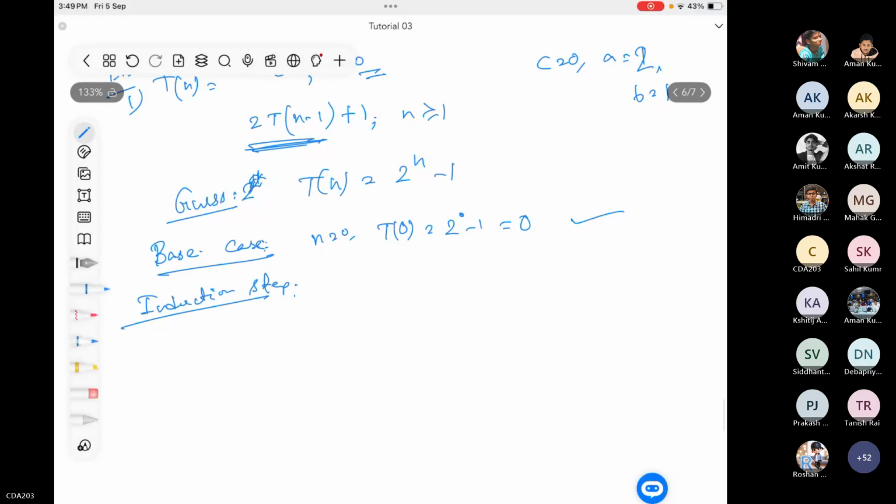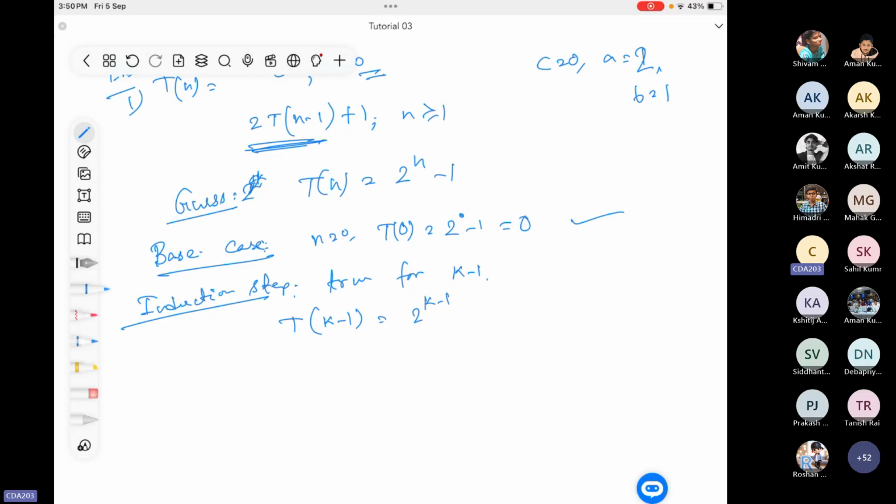So let's say the statement is true for k minus 1. That means t of k minus 1 equals 2 to the power k minus 1, minus 1. Okay. So now we have to prove it for tk.